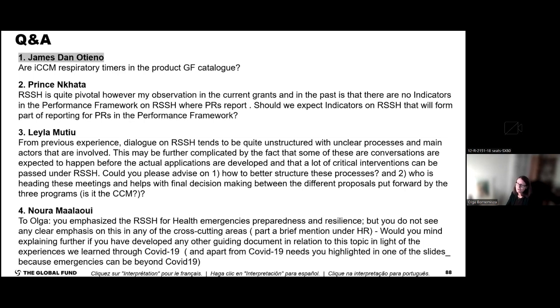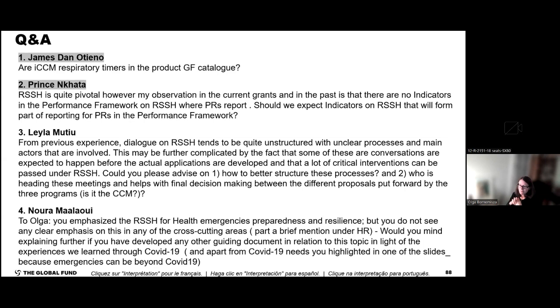We really encourage countries to try to use them, recognizing that we don't want the performance framework to become completely overloaded with indicators. But I think at this point, we are very much suffering where we just don't have enough RSSH indicators in the PF. So we are very much encouraging countries to include indicators in the PF.